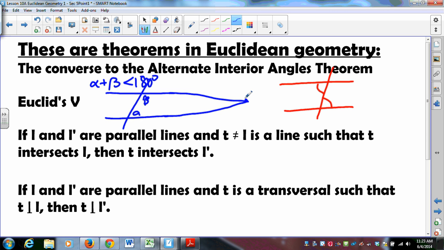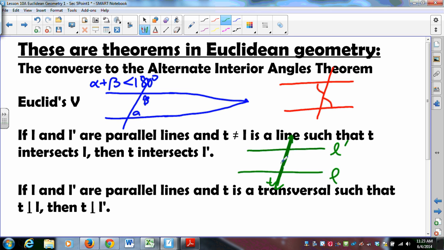Euclid's fifth is a theorem in Euclidean geometry, which should really not be a surprise. If L and L prime are parallel lines, and some transversal intersects L, that transversal must also intersect L prime. This takes us all the way back to high school. When you draw that transversal and it hits the first line, you never give it a second thought that it's going to hit the second line.